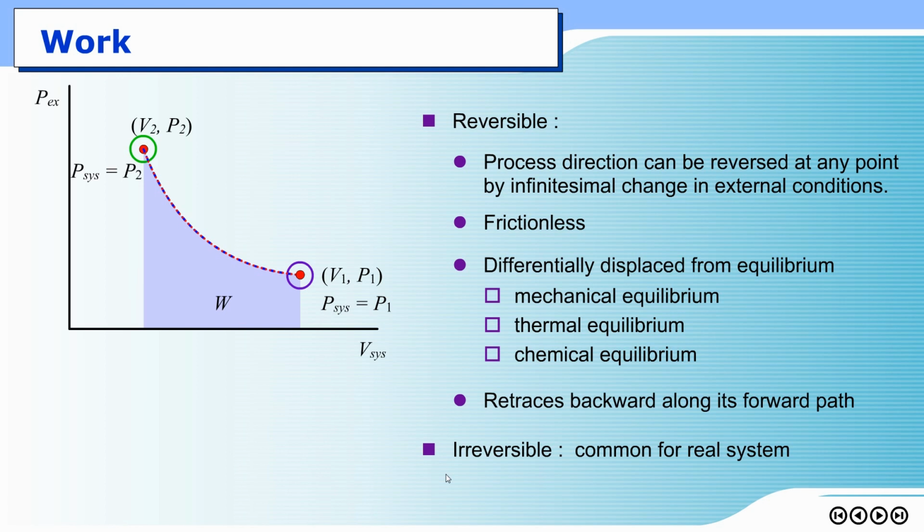A real engine is not reversible, it is irreversible, so of course the efficiency will not be 100%, it will be smaller than 100%. When we do the calculation, we do the 100% case first as the limit. Okay, and then we multiply by some efficiency value and we get what we have for the real process.